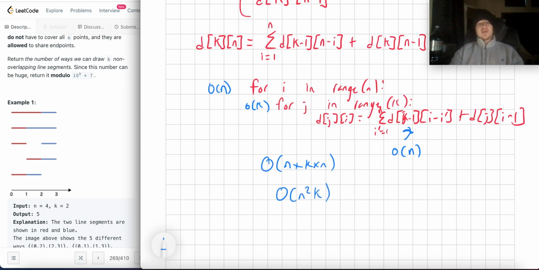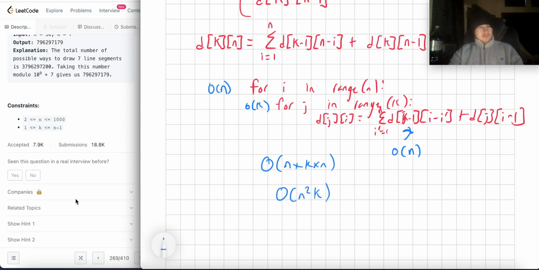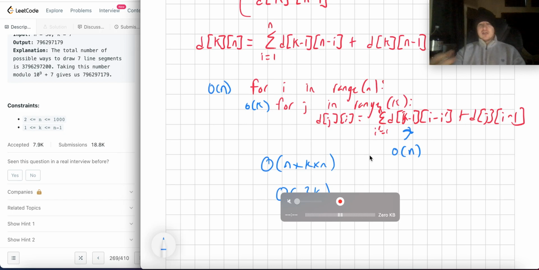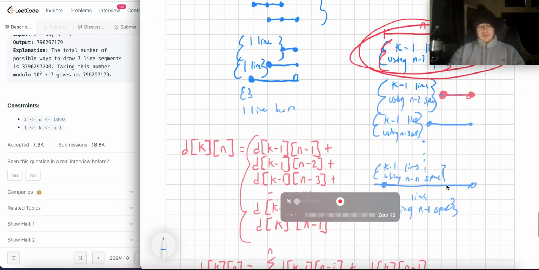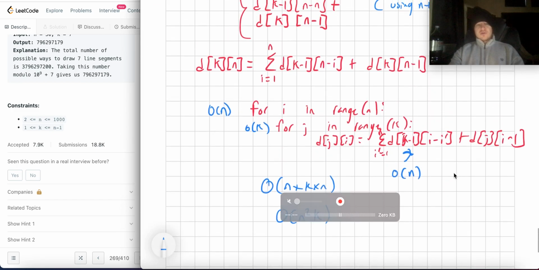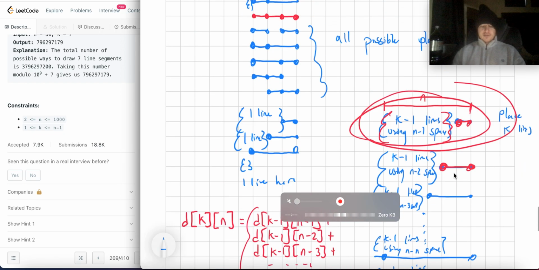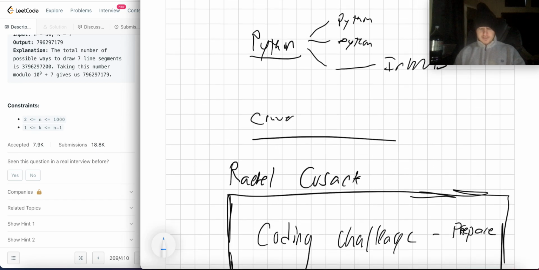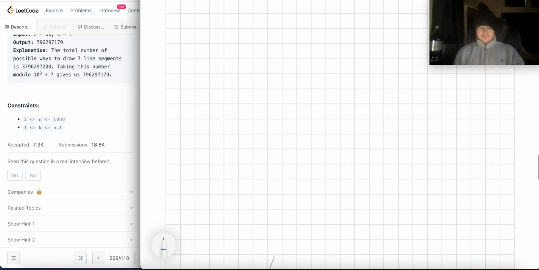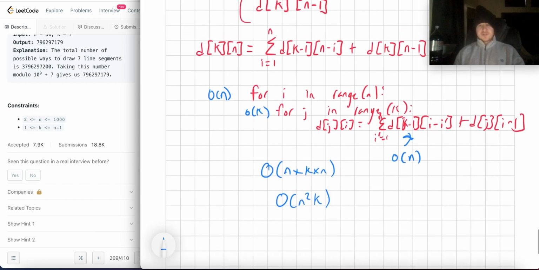Now, this might be good enough, but n is less than or equal to 1,000. 1,000 is 10 cubed. So that'd be 10 cubed times 10 cubed times 10 cubed, 10 to the 9. So that's going to give us a time limit exceeded issue. So this is still too slow, barely, but it is still too slow of a process for our purposes.